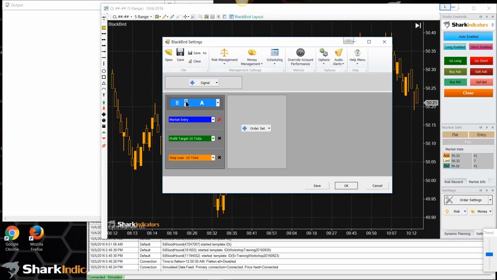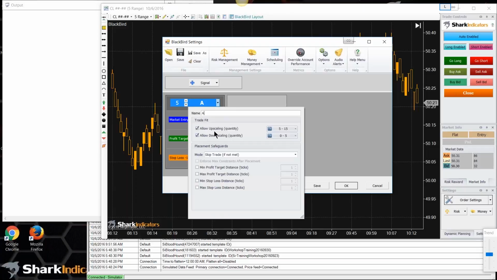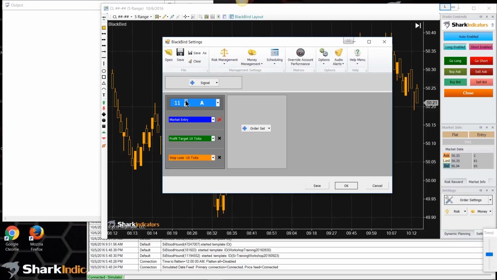Let's say we're trading 5 contracts there. And so we can set limits to the maximum number of contracts that can be upscaled to. So you can see right now it's defaulting to 10. And actually downscaling is defaulting to 10 as well. So let me just increase up to 11 here.